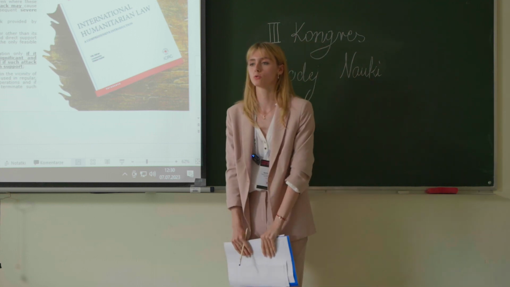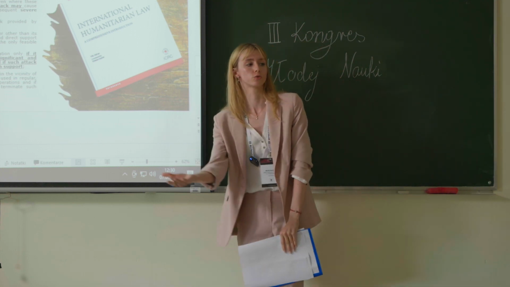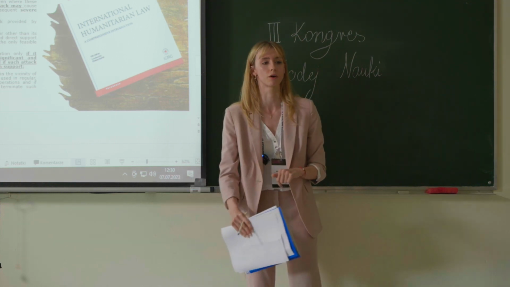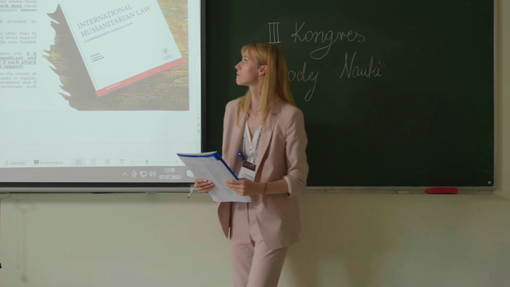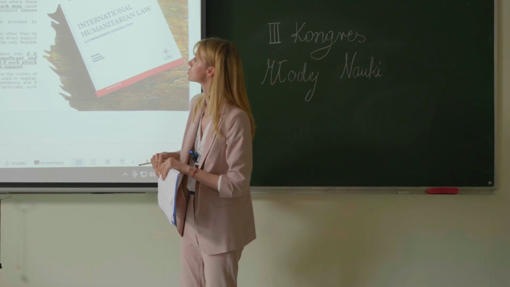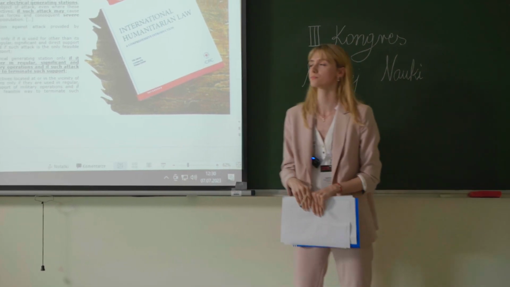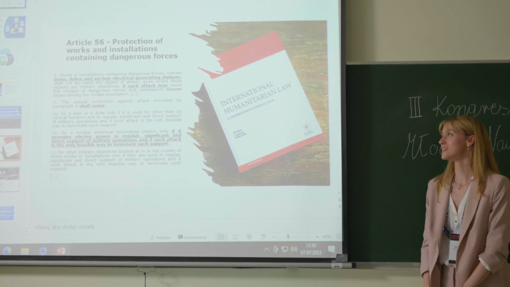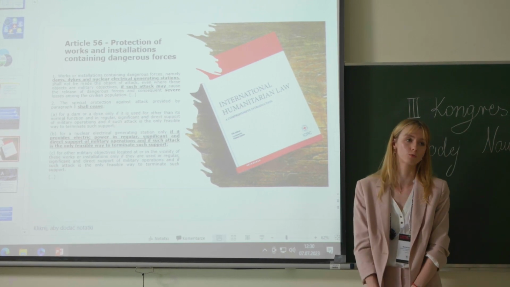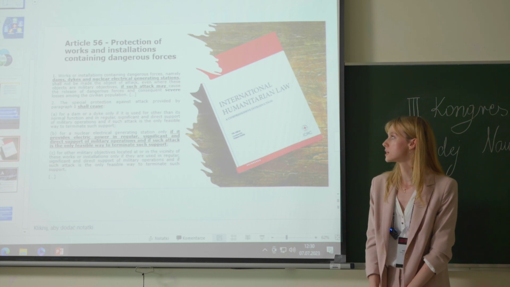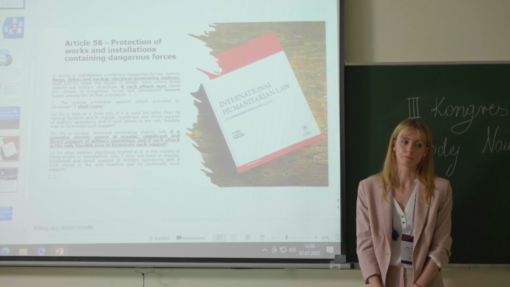We are trying to turn to international humanitarian law and say, well, probably the Geneva Conventions have something about it, and they do. They have Article 56 on protection of works and installations containing dangerous forces. Now, this is the problem, because this article, since the seizure of our nuclear facility at the beginning of the war, has been criticized for ambiguity.